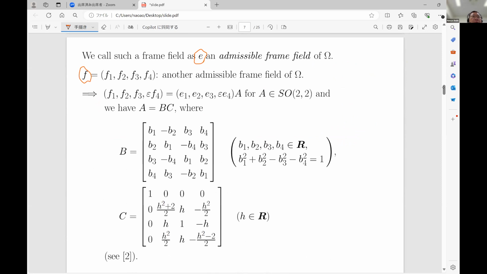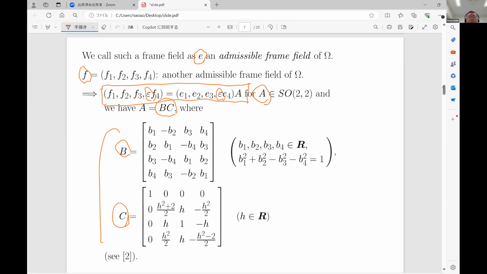Then the relation between E and F is given by this. Notice that this epsilon and large A is an element of SO2 such that there exist B and C like this.